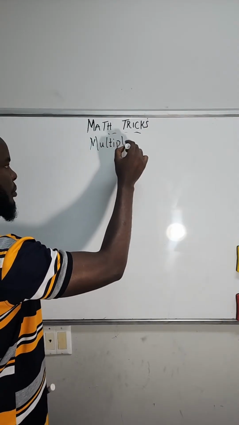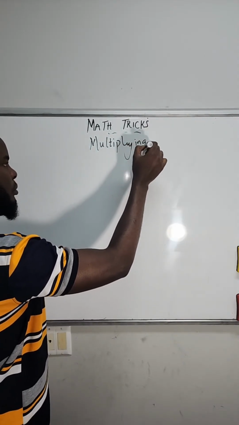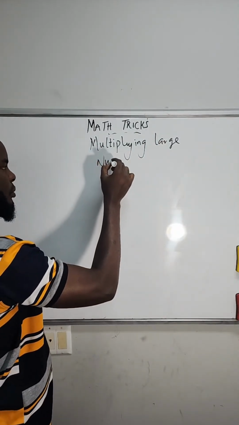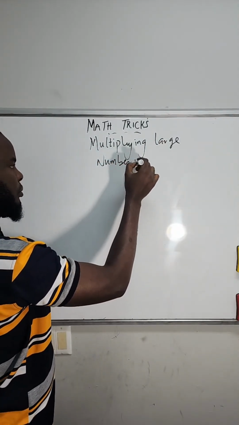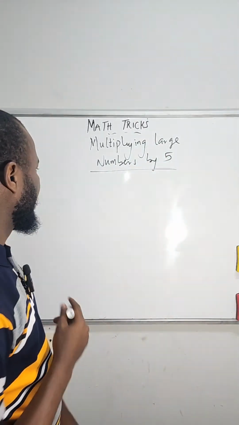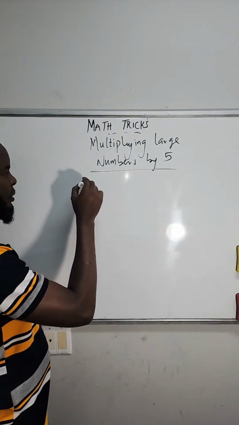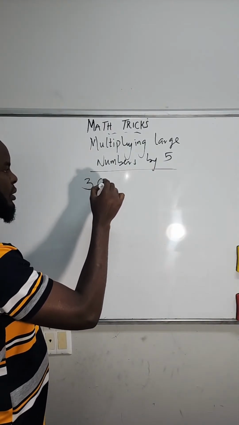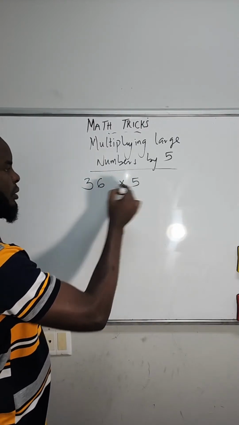Now, I have this trick for multiplying large numbers by 5. For example, here we have 36 times 5.